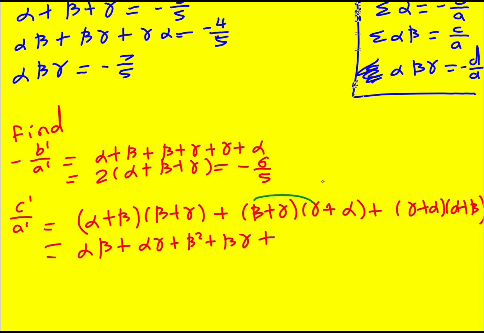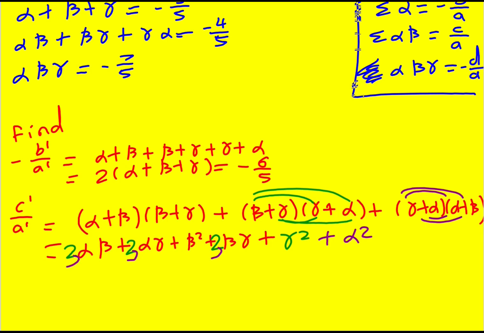If I do beta times gamma, actually I can put a 2 here, and then beta times alpha, I can put a 2 here, and then I'm going to get a gamma squared and then another gamma alpha, so I can put a 2 there. And then finally I've got alpha gamma, actually I can change this to a 3, gamma beta, alpha squared, alpha beta. Okay, so actually you can do it quite quickly using that idea.